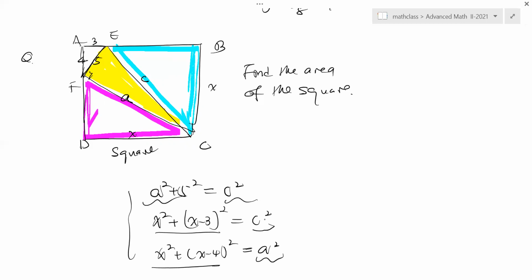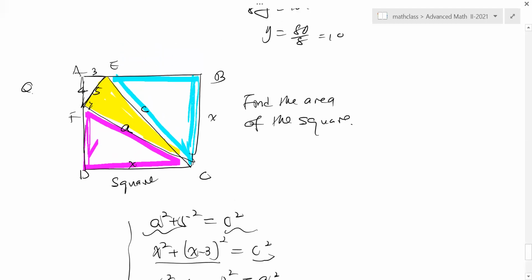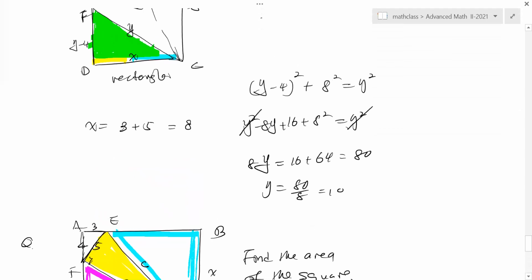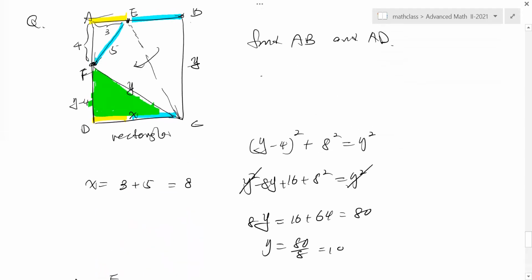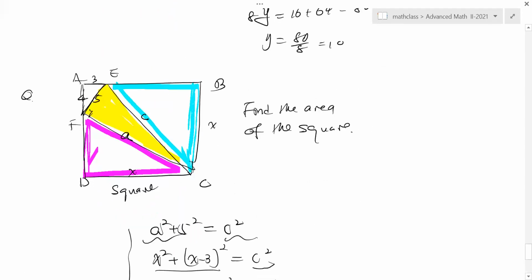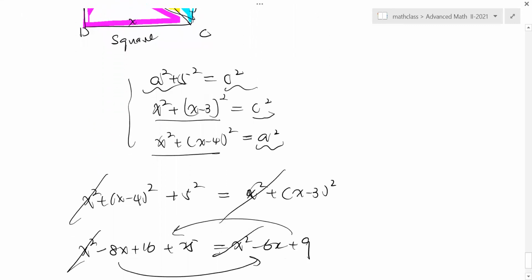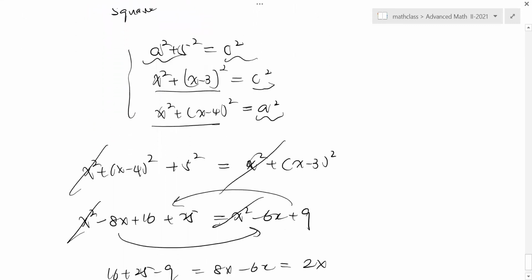For this one, you don't need to draw additional lines, but you have to apply the Pythagorean theorem to each of the right triangles you can see. Then you can solve the problem. So sometimes you apply the Pythagorean theorem twice or 3 times to different triangles. Then you solve the problem. All right, so let's stop here.